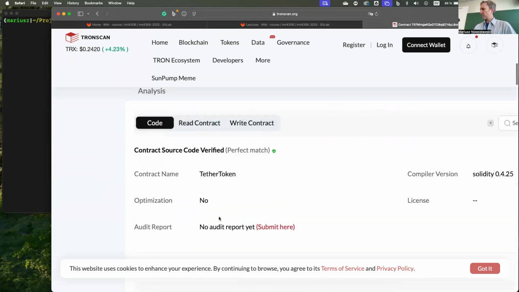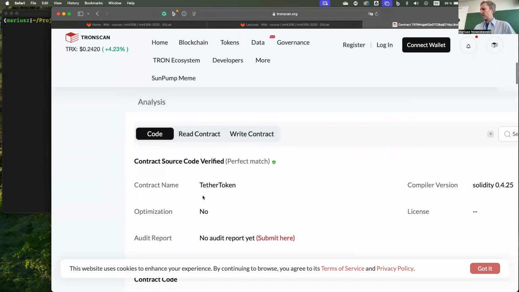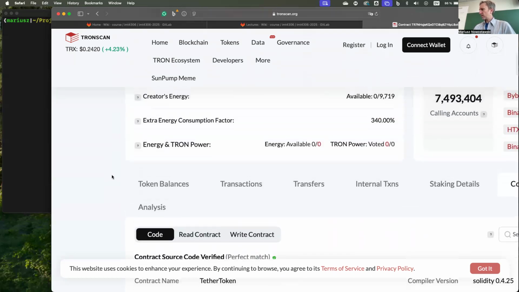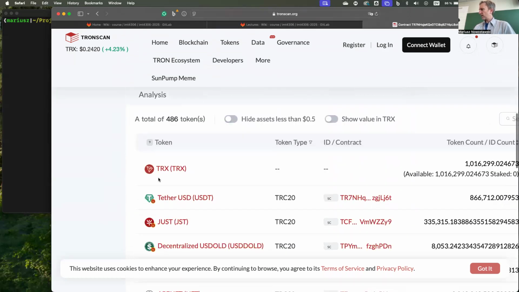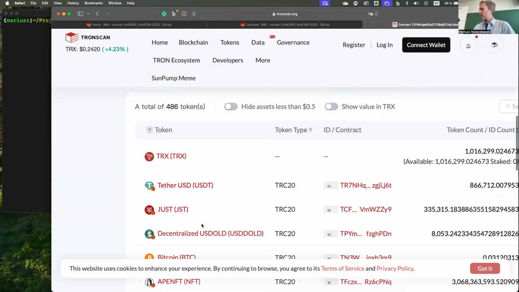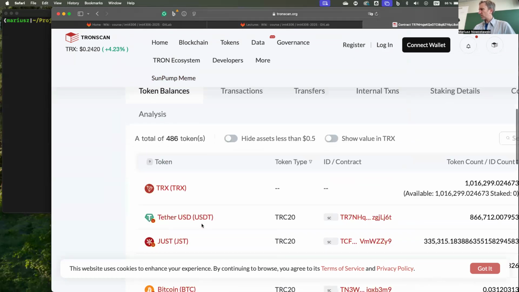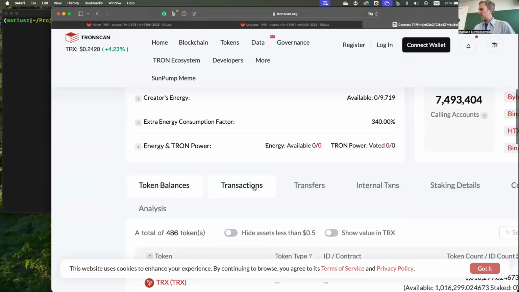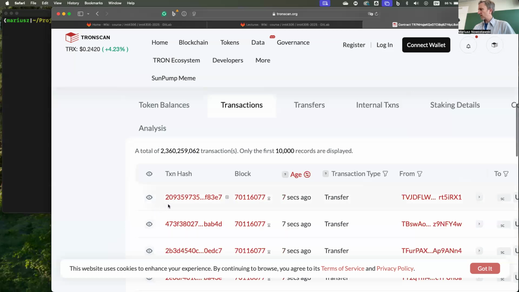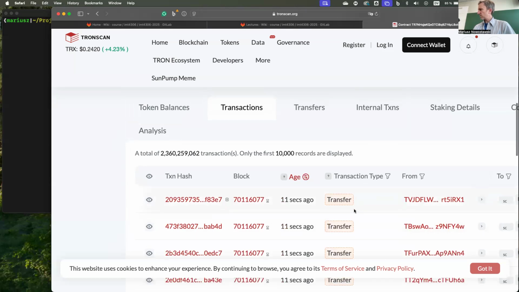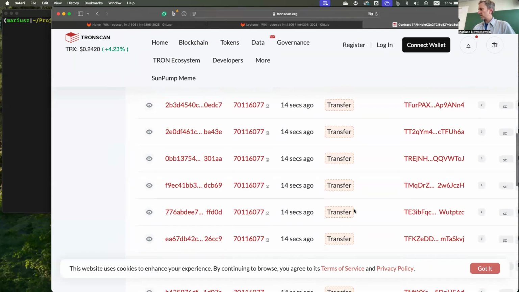You can see that the token is like a token contract, and then you can see the balances, how much this contract holds of various tokens. Oh no, this is the token balances in general. Those are the transactions that have happened for this contract, and it will be kind of transfers, right?